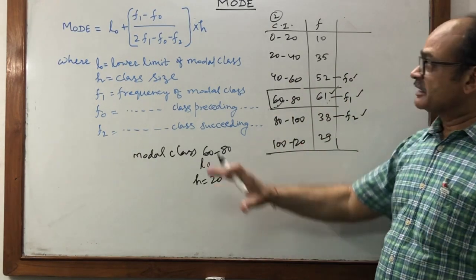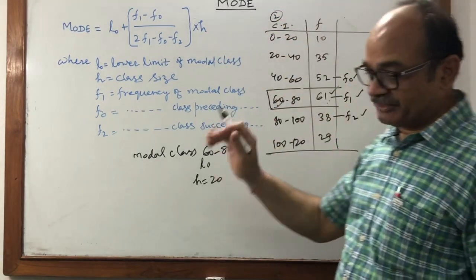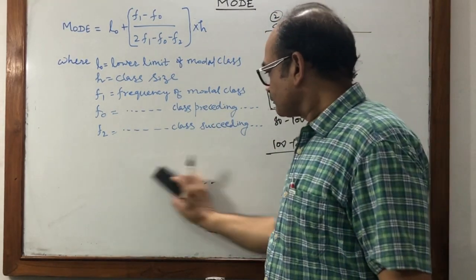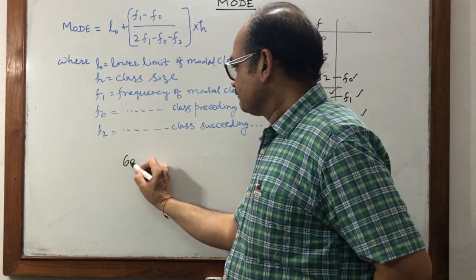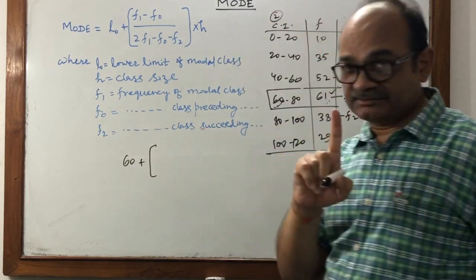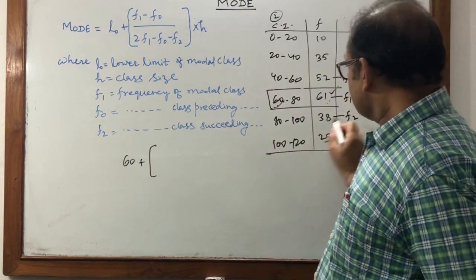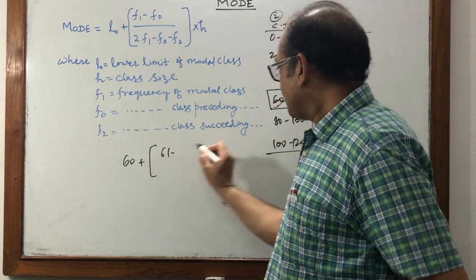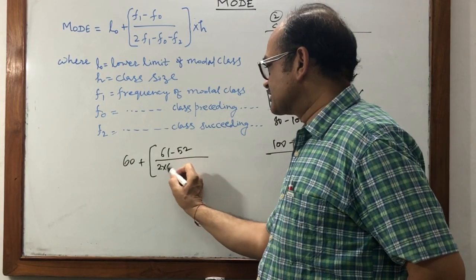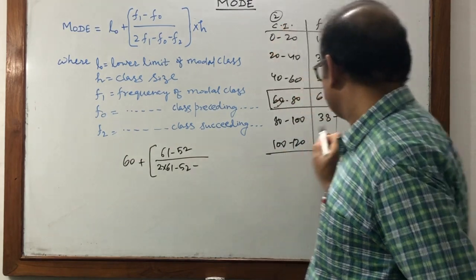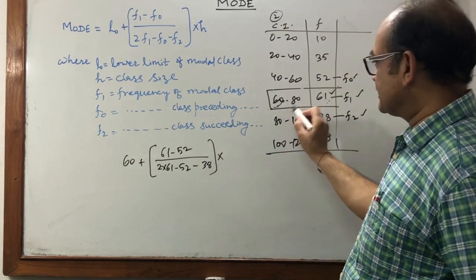Now simply substitute in the formula. Formula is L0. So here we put the values. What is L0? L0 is 60 plus inside the bracket. Don't forget to put bracket. F1 61 minus F0 52 divide by 2 into 61 minus 52 minus 38 bracket close into what is the H?